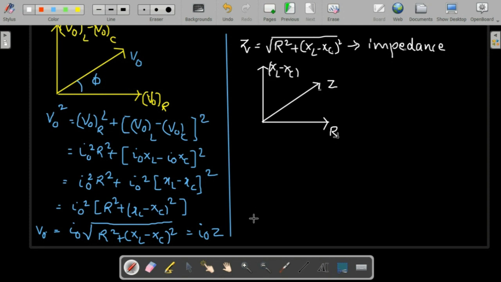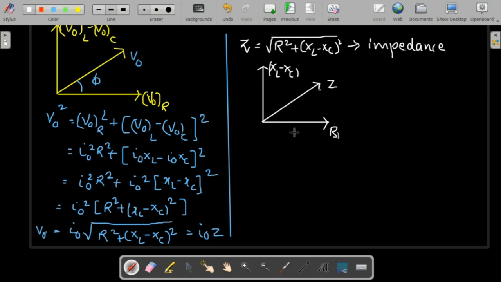Even if you look into this phasor diagram, we can actually see that Z will be equal to root over of R square plus XL minus XC square. Okay, and even if we replace it here, then also we are going to get the same thing. So that's very important.